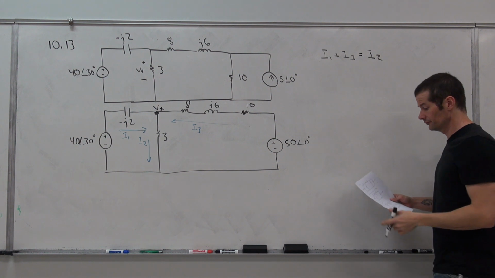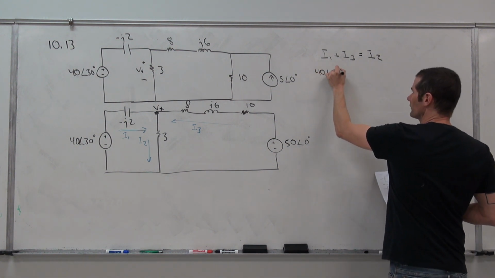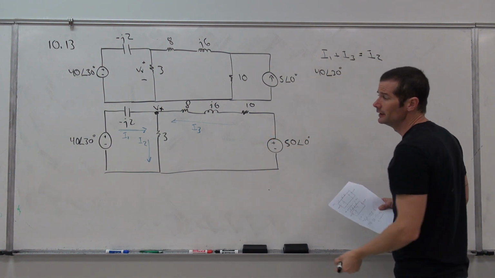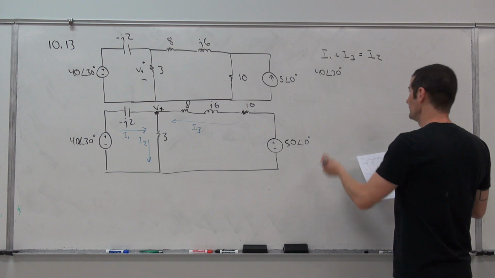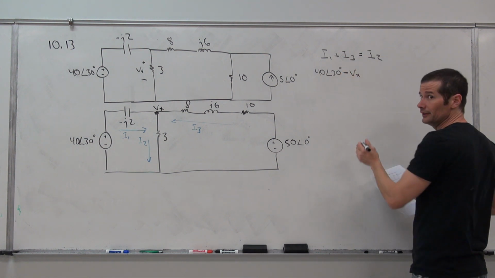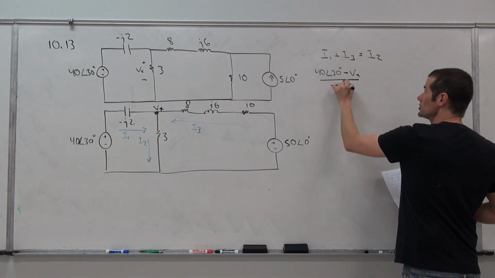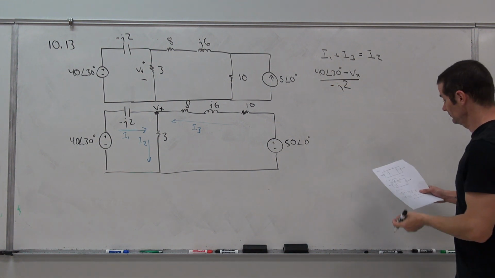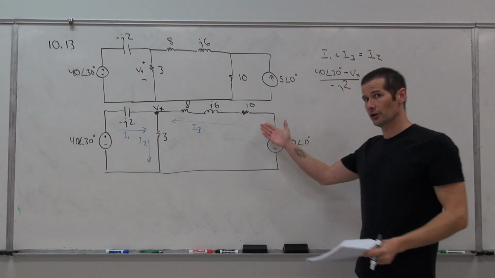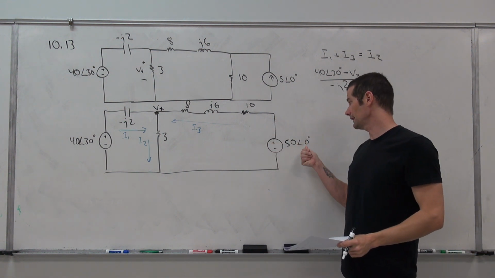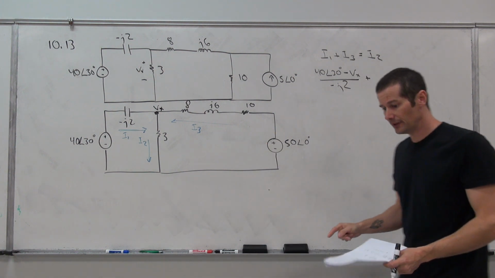So here we have 40 at an angle of 30 degrees, current's moving from the voltage source going through the negative J2 capacitor. So minus Vx divided by negative J2. And so from here, that's going to be added on. Current's moving from the 50 at an angle of 0 degrees voltage source through the equivalent impedance all to Vx.